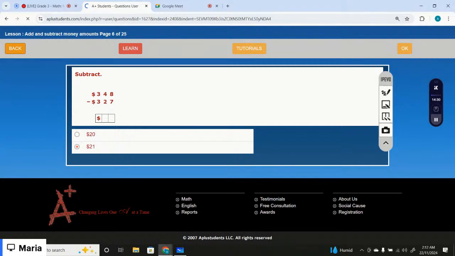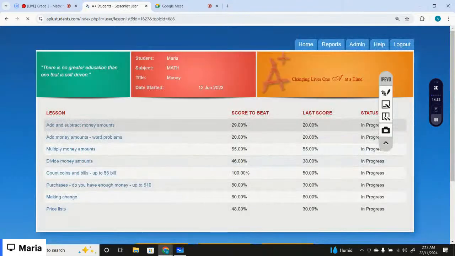Let me just move on to the next lesson. The next lesson is add money amount word problems.